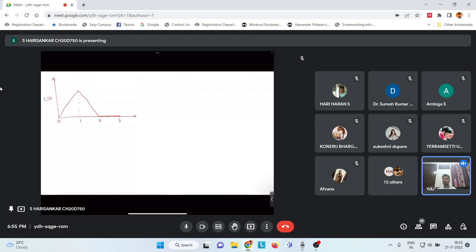What we can do is divide this concentration versus time curve into three parts. So this will be part 1, this is part 2, and this is part 3. So our mean residence time is given by the integral from 0 to infinity of t into E of t dt.